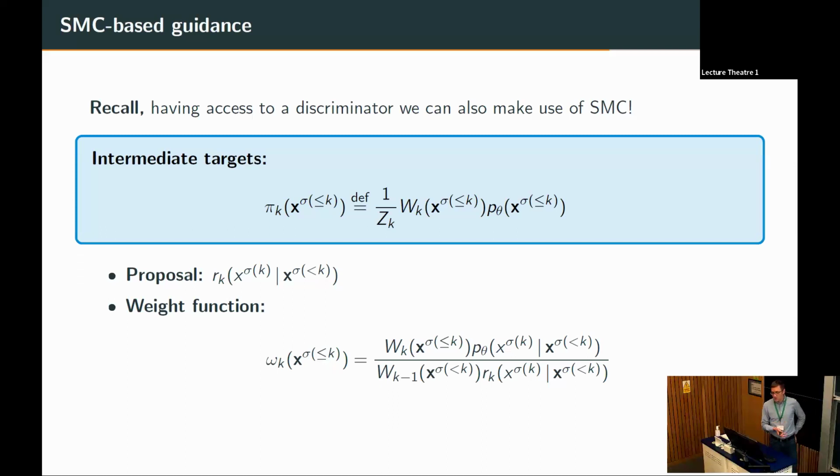But we can, of course, also consider SMC versions of this. So what we do is, similar to before, define a sequence of target distributions, our model, weight function or potential function. And we introduce some proposal and we get this. Also here we have considered two different versions.